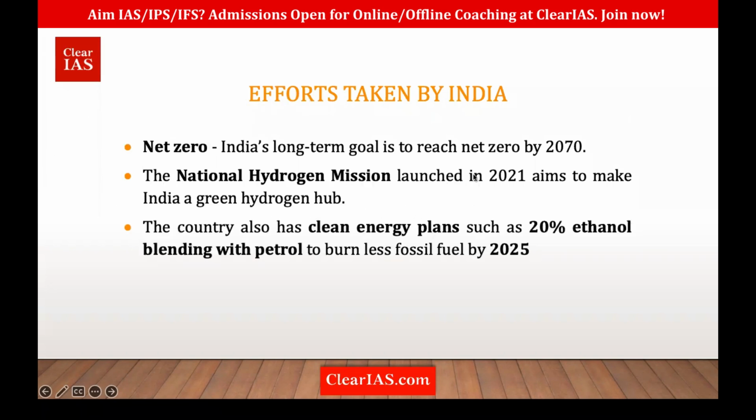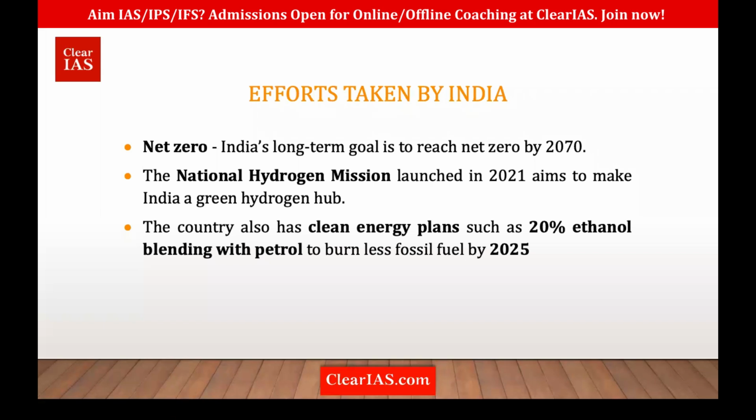Okay, and we are also transitioning to clean energy, right? What are the clean energy plans? Like the latest national biofuel policy. It has been updated. Earlier it was 10% ethanol blending with petrol. Now it is 20% ethanol blending with petrol by 2025. Okay, so what is the benefit?